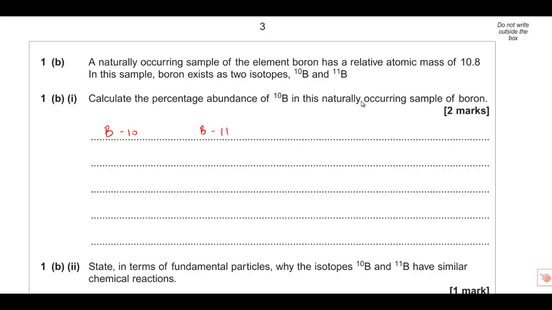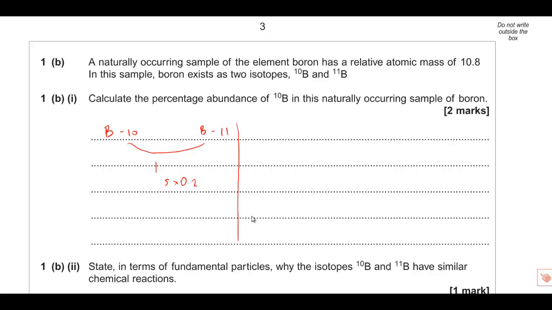The answer is 20% of boron 10, and you can kind of see that between 10 and 11 we have 1, and we have 0.8. Let's not explain that very well at all. But between here we have a value of 1, and we could say 5 0.2s if you like. So 4 of those 0.2s must be from here, and one of those 0.2s must be from here, which is a value of 20%.